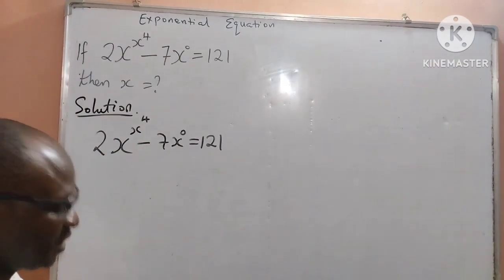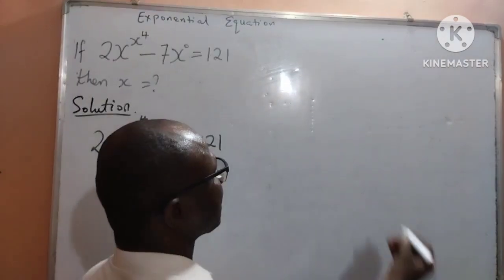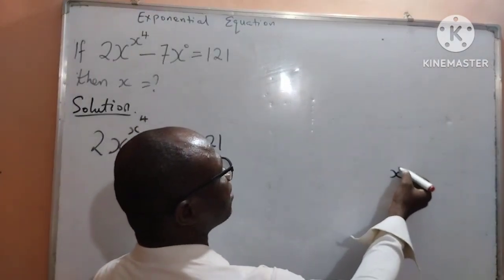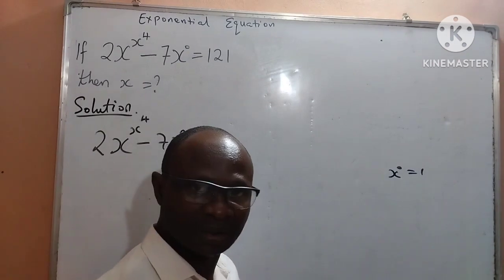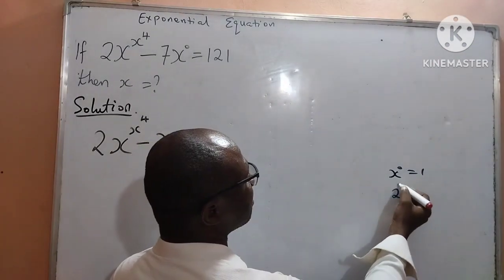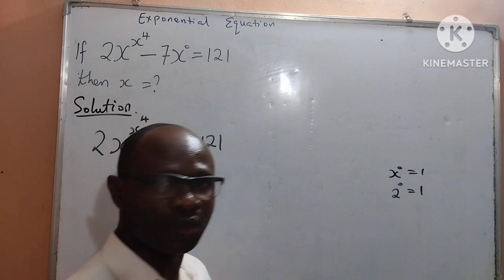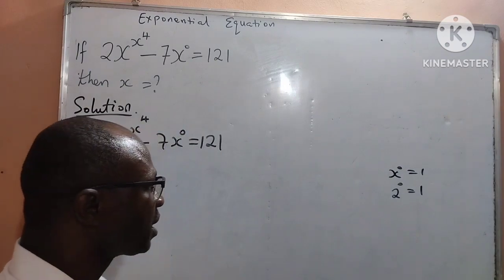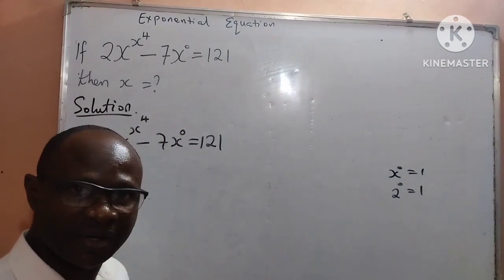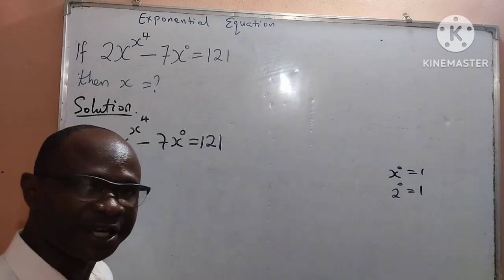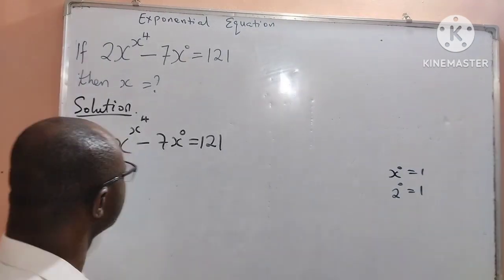The law of indices says that any letter raised to power 0 is equal to 1, and any number raised to power 0 is also equal to 1. So, the zero index law says that anything raised to power 0 is 1.